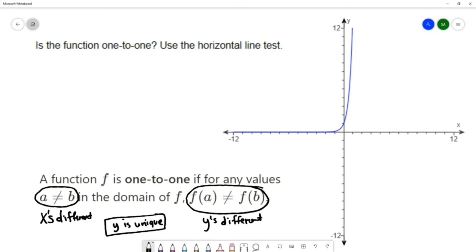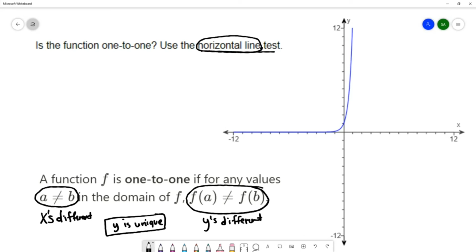And then in the directions here, it says to use the horizontal line test. Now, I'm going to describe the horizontal line test for you in just a second, but we're going to first think about why we're going to use a horizontal line at all for this type of definition.